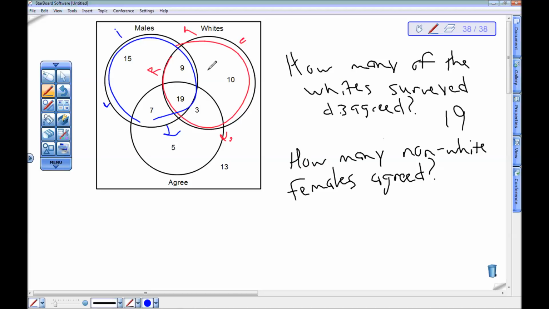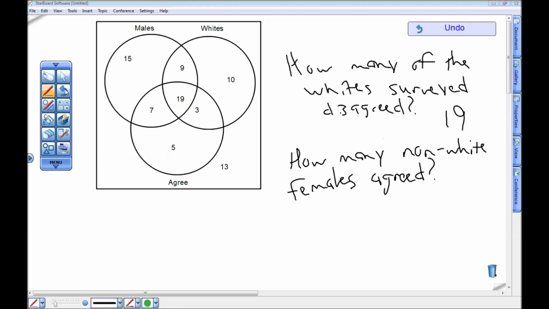And for agreed, I'm inside the agree circle. Those three things overlap only right here. So how many non-white females agreed? The answer to that question is 5. It is the 5 that are in just agree and not in the male or whites category.